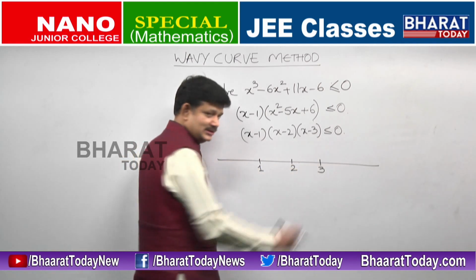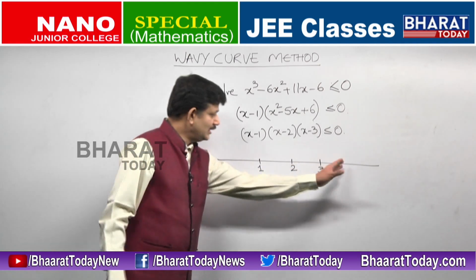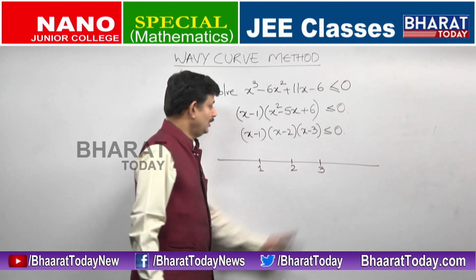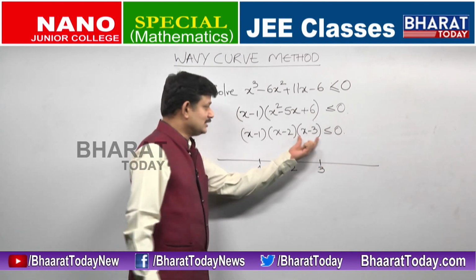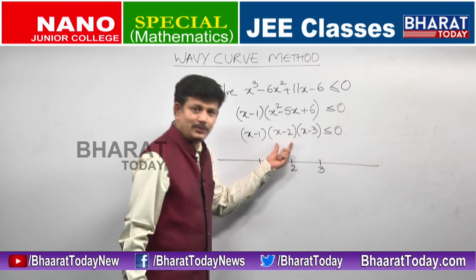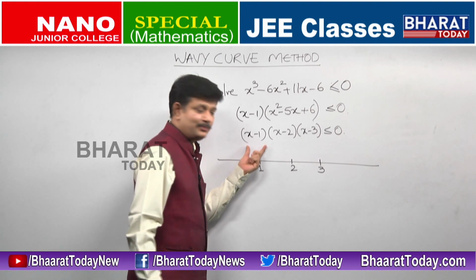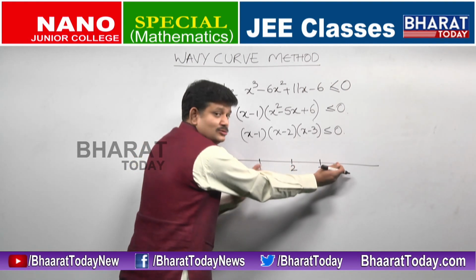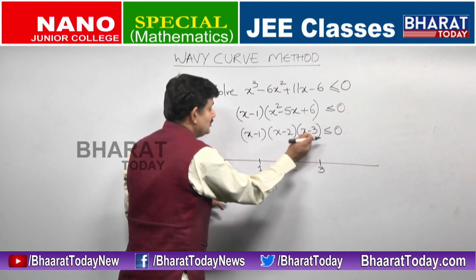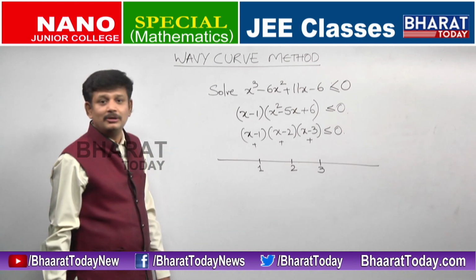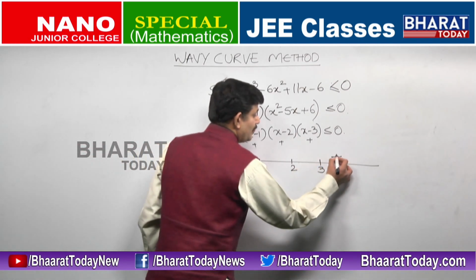Let us look at the first case. X is here. That means x is greater than 3. When x is greater than 3, x minus 3, what is it? Positive. X minus 2, positive. X minus 1, positive. X is greater than 3, so automatically x will be greater than 2 and greater than 1. So each of these expressions will be positive, positive and positive. So the entire product will become what? Positive.